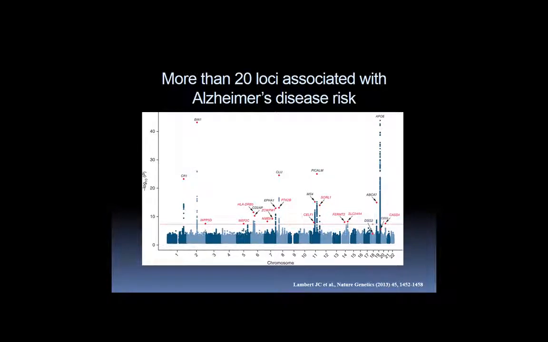It's not very many people, that's the problem. So this is the trade-off: in order to get tens of thousands of people, you have imprecise phenotypes.